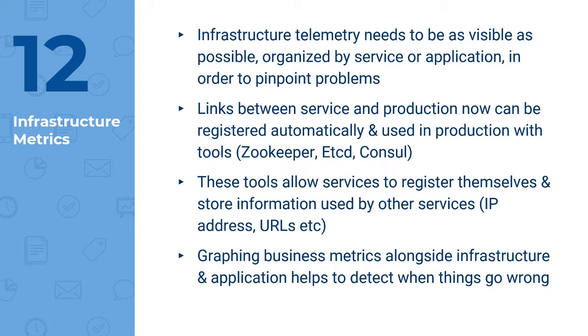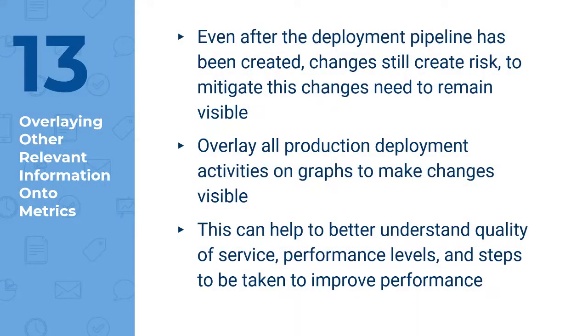These tools allow services to register themselves and store information used by other services, such as IP addresses, URLs, and some more. Graphing business metrics alongside infrastructure and application metrics helps to detect when things go wrong. Overlaying relevant information onto metrics.